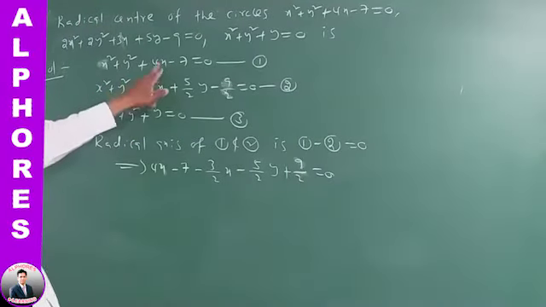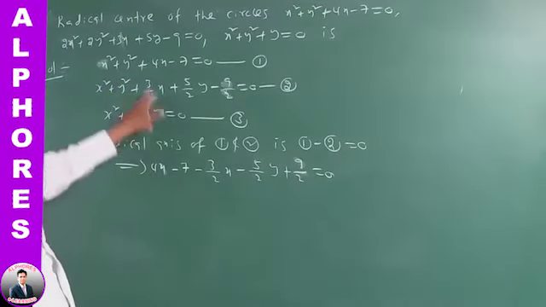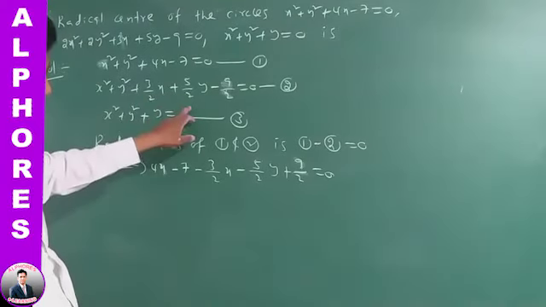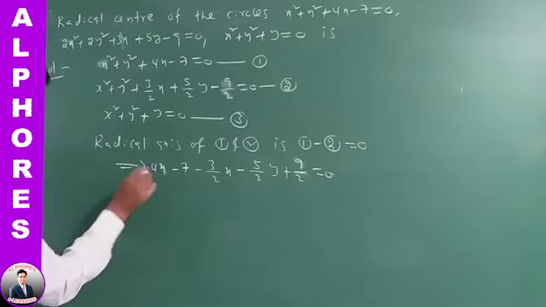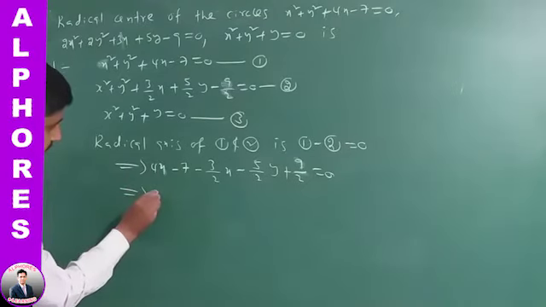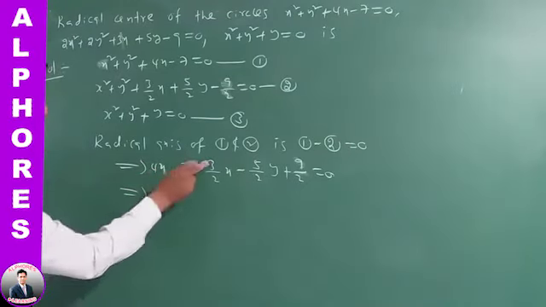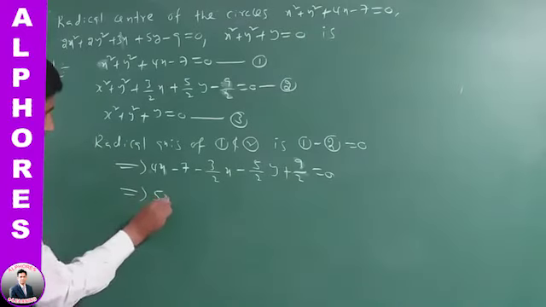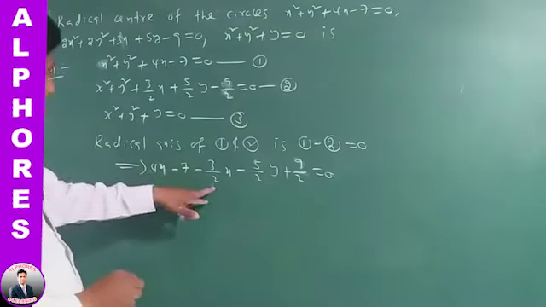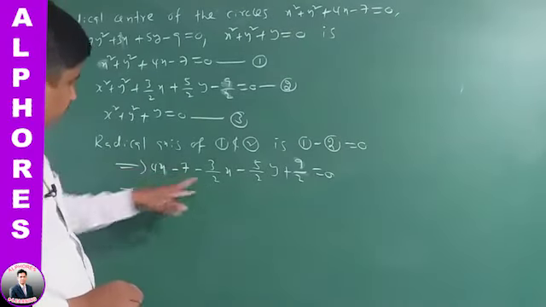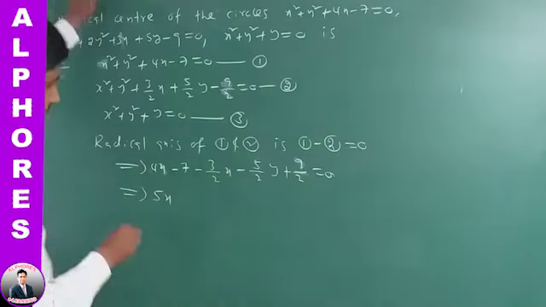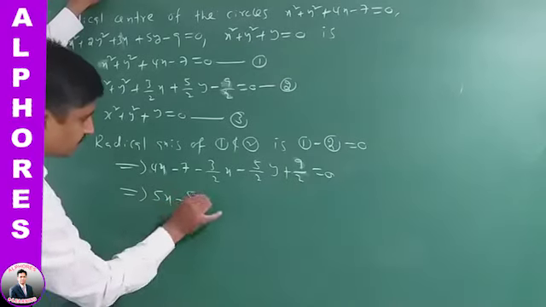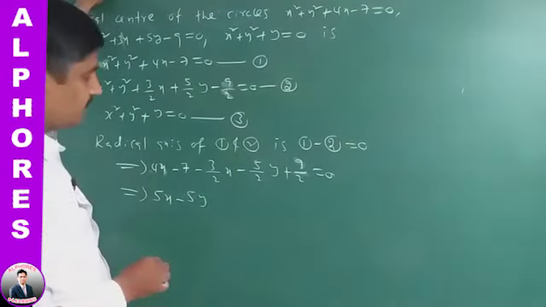Taking the LCM 2, 8x minus 3x is 5x. Next, the y term is minus 5y.